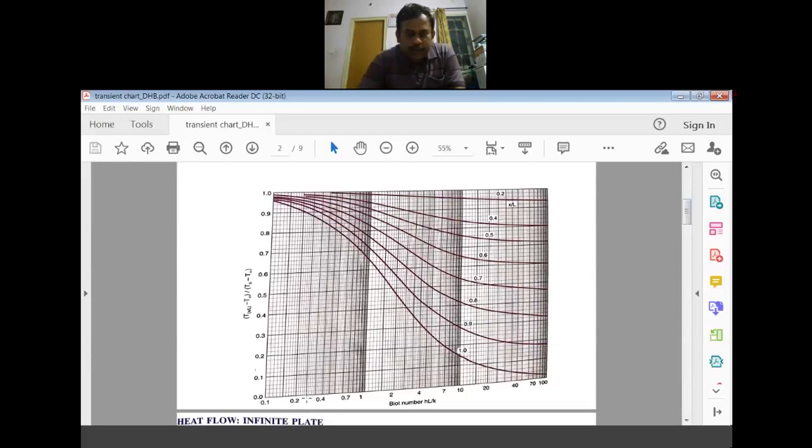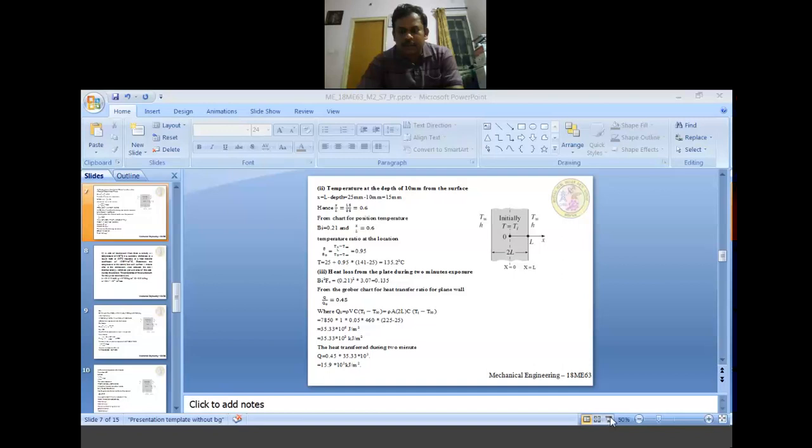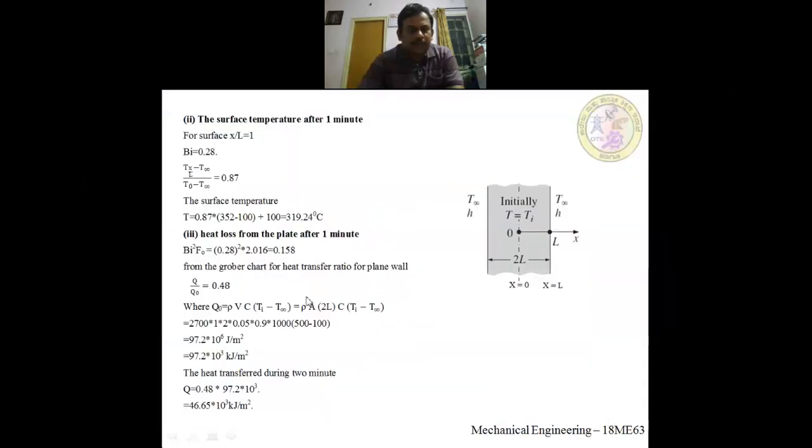Approximately 0.3 if you take here, and this is the 1, x by L is 1, where these two lines meet, approximately 0.88 you can take. So you see 0.88 or 87. Okay, I have taken 87.